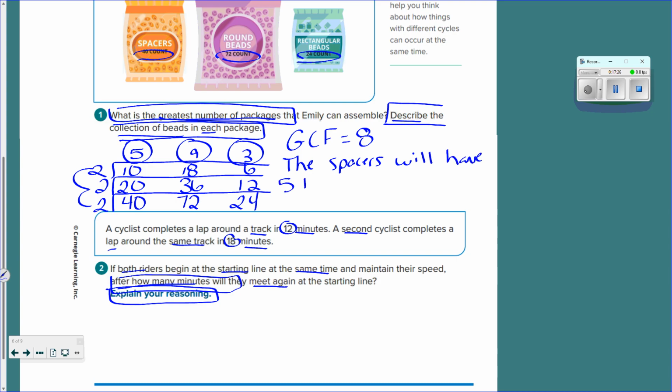The brown beads will have 9 beads left. And the rectangular beads will have three beads left.